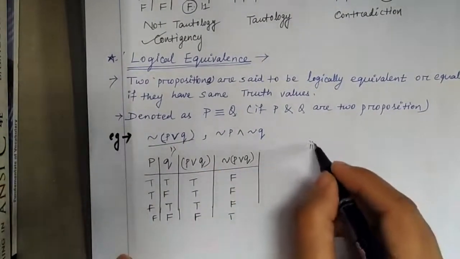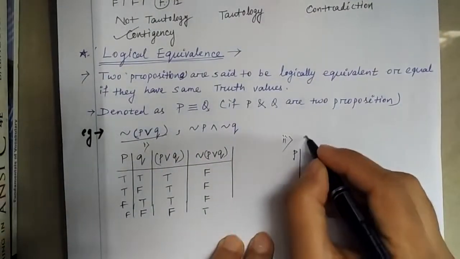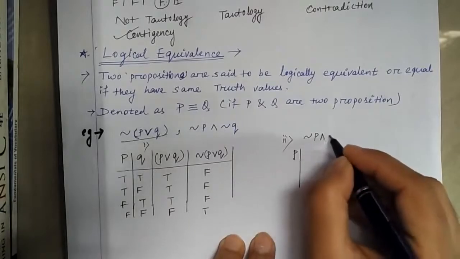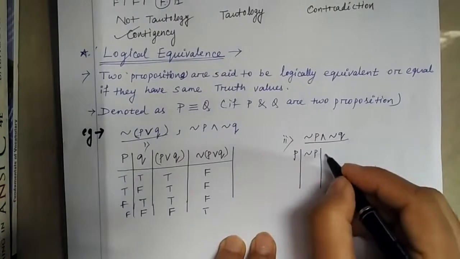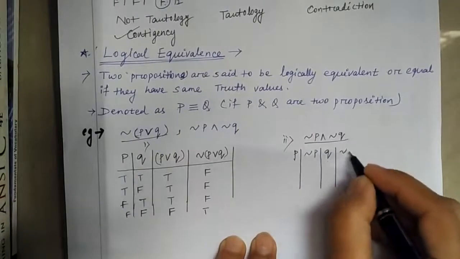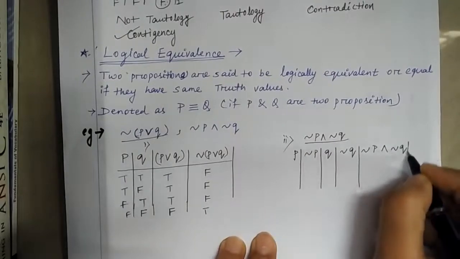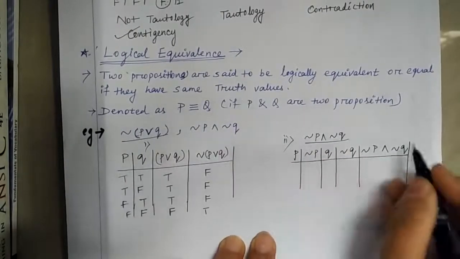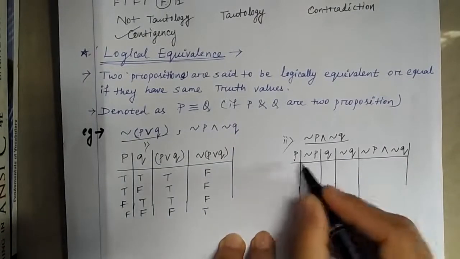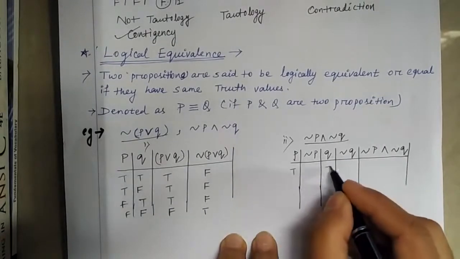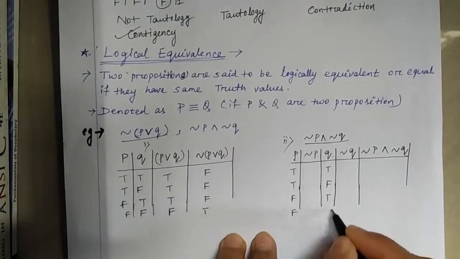Now we'll see the second one. As it has asked for negation P and negation Q, first you will be writing P, negation P, then Q, negation Q. Then you have to perform the AND operation of negation P and negation Q. So always try to write in a systematic manner. When you have two variables, it will be true true, true false, false true, and false false.